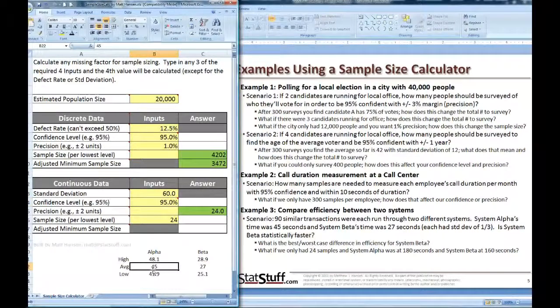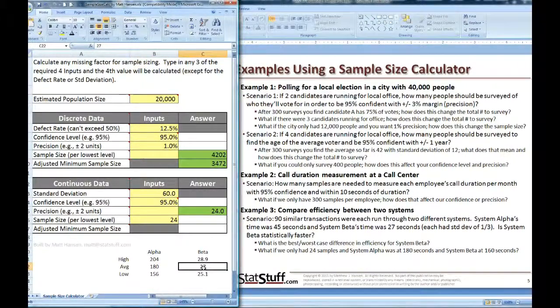We'll plug in for the average for them 180 seconds, and we're going to add to that 24 and subtract from that 24, because 24 seconds is the precision for system alpha. So the average performance is 180, but the true average is going to fall somewhere between 156 and 204, so it's a pretty wide range.